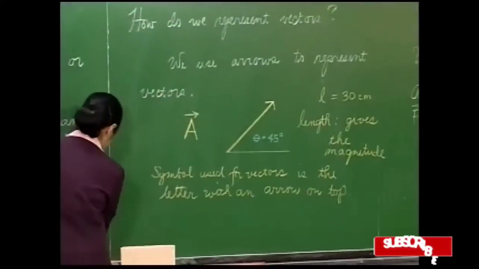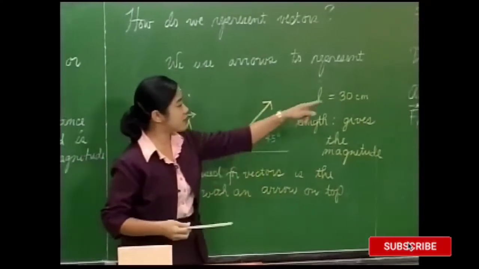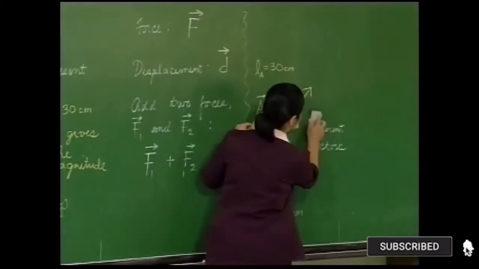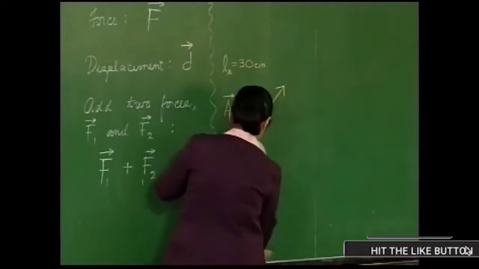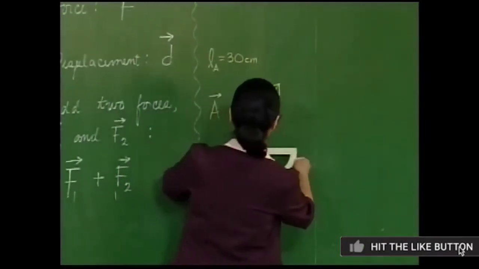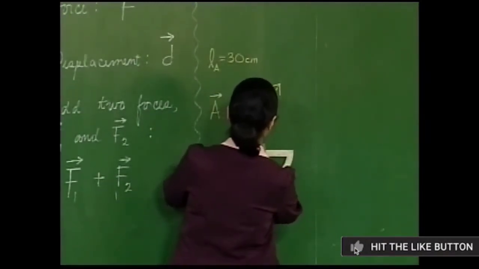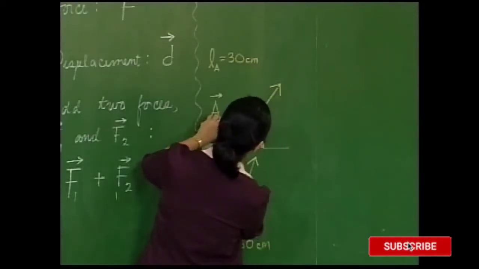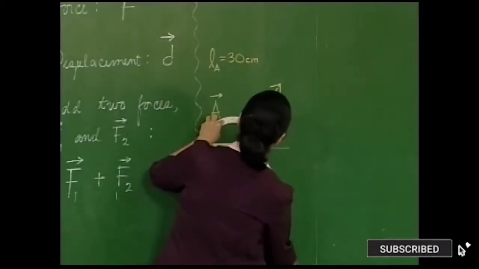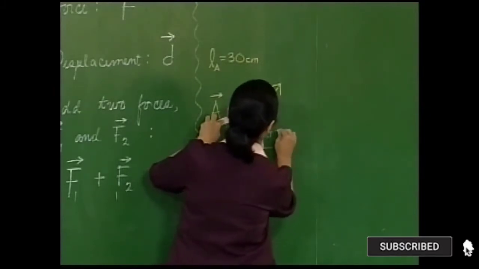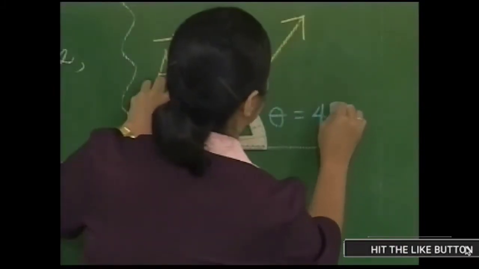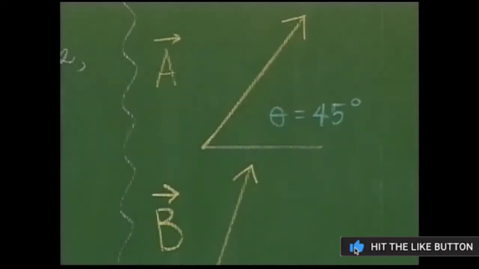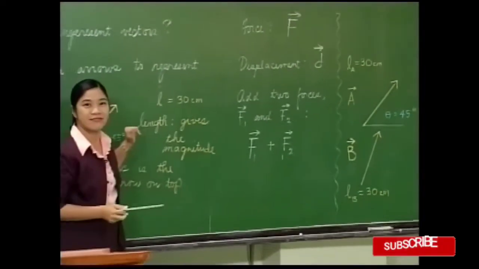Then, if I want to make sure that that is also vector A, I have to make sure that if I have my horizontal axis again here, I must measure the angle, and this should also be 45 degrees. Then I have the same vector.